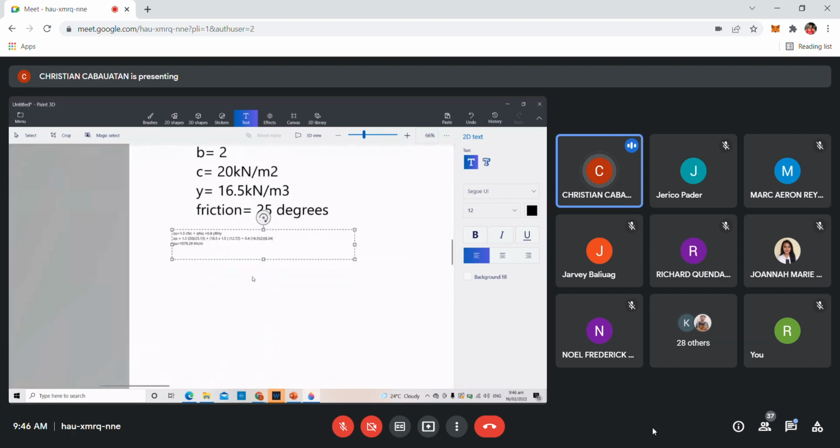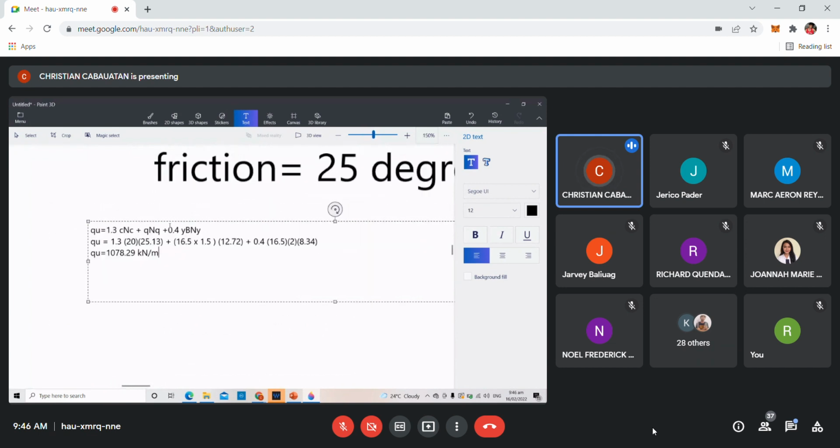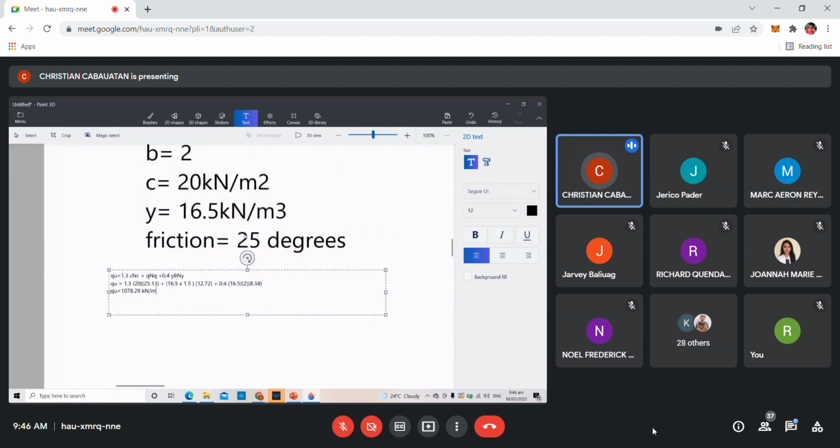Tignan nyo na lang dito sa formula na to. Ang cohesion, it is kilonewton per meter squared times Nc. Ang Nc, wala siyang unit.